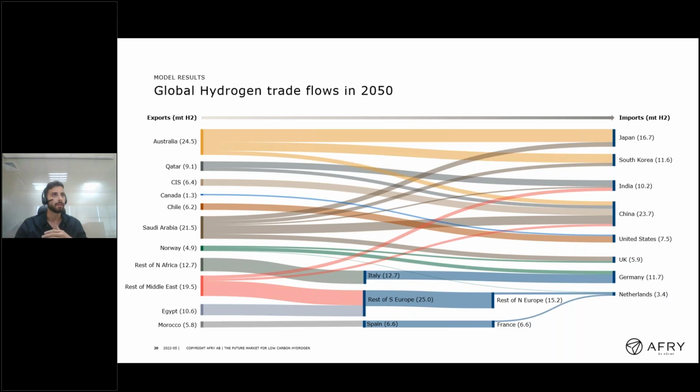One more thing to note is, as you can see in the bottom part of the chart, intermediate stops going from the initial export point to the final consumption point.